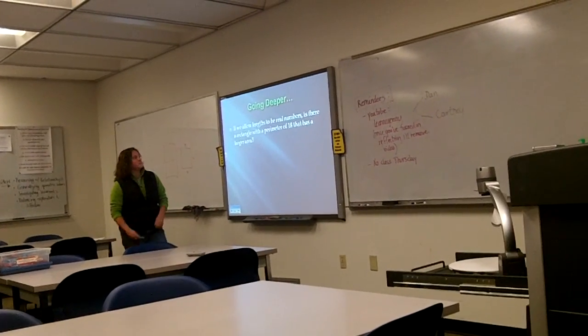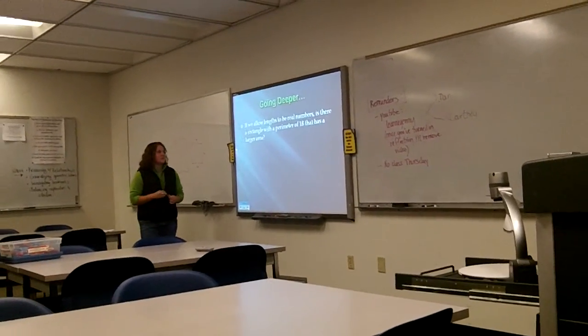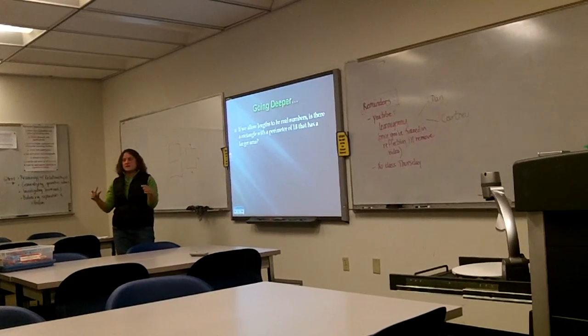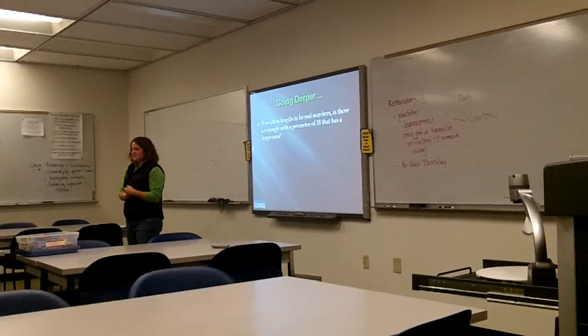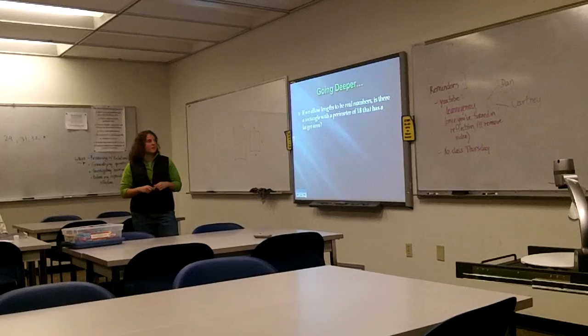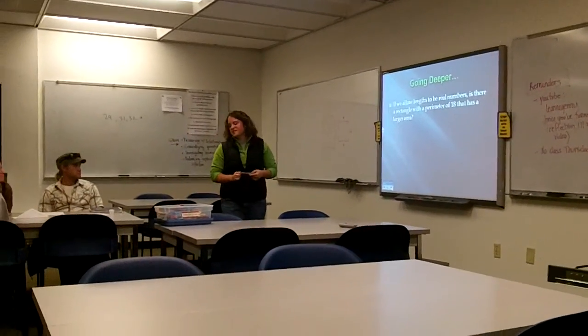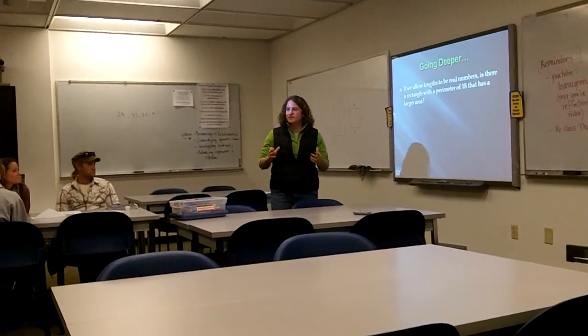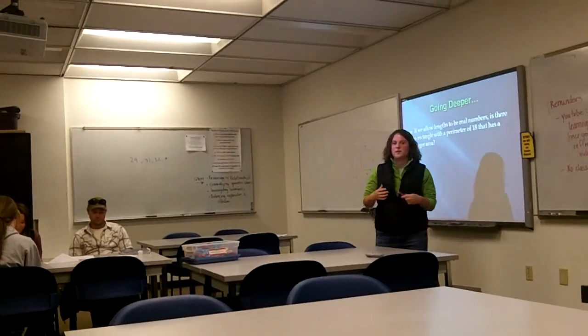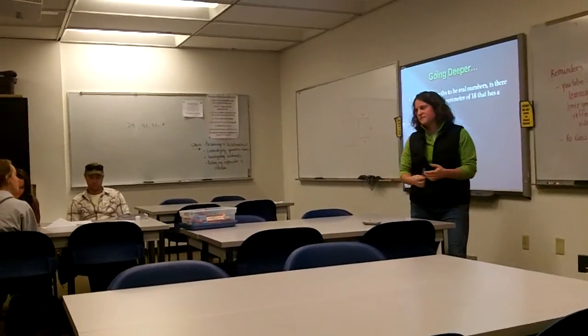So then we're going to look a little deeper. In your groups, you need to find a rectangle with a perimeter of 18. See if you can find a rectangle that has a larger area than what you found. You can discuss in your groups, and you can use real numbers, so it doesn't have to be a whole number like 4 or 5, 6, 7.